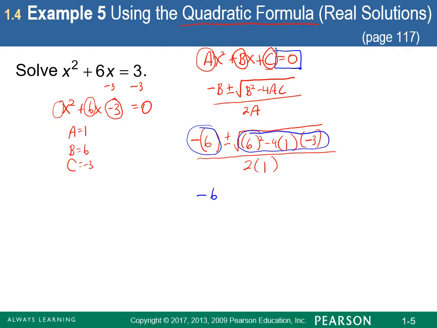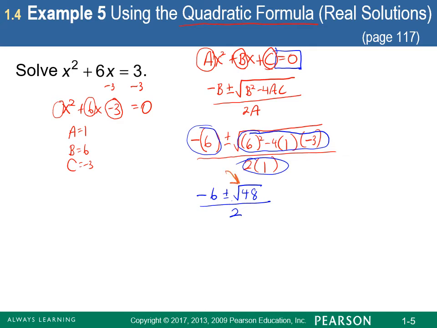The 6 squared is 36. Negative 4 times 1 times negative 3 is positive 12. So 36 plus 12 comes out to be 48. When you get to this spot, go ahead and do that multiplication. When you get to this spot, the question becomes, so what about this radical here?